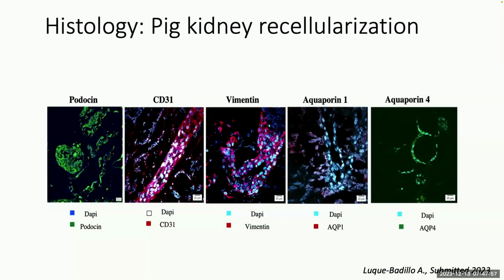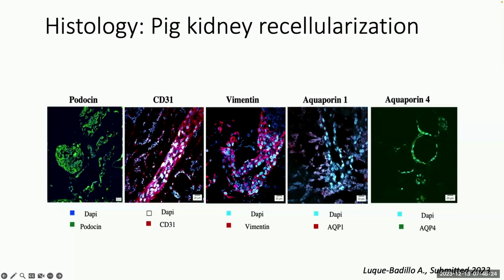And then we wanted to see, well, what kind of cells are we getting there? So we stained the tissue for podocin, CD31, vimentin, aquaporin 1, and aquaporin 4. And we start seeing that the solid round structures that we were looking at were actually podocin positive. Then you have these tubules that were formed, they were CD31 positive.